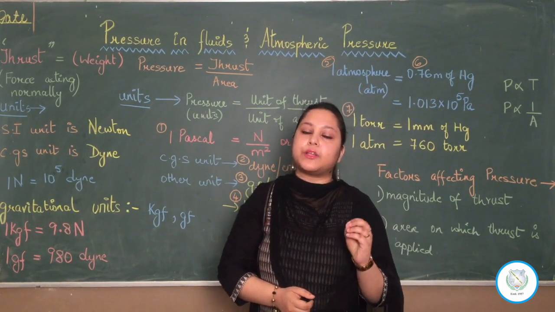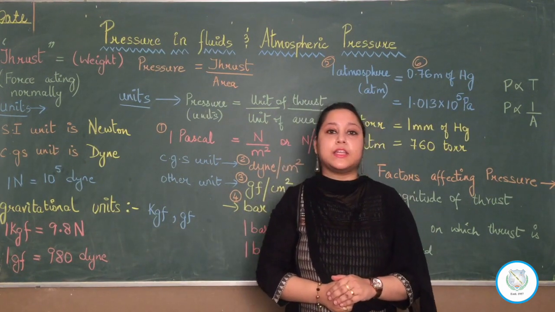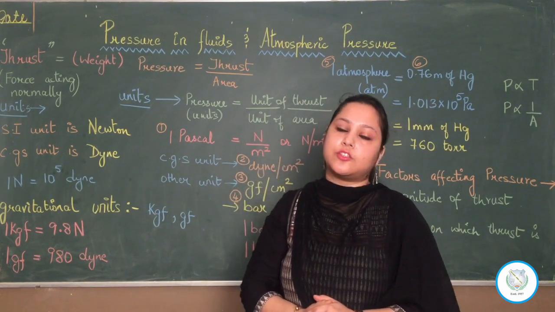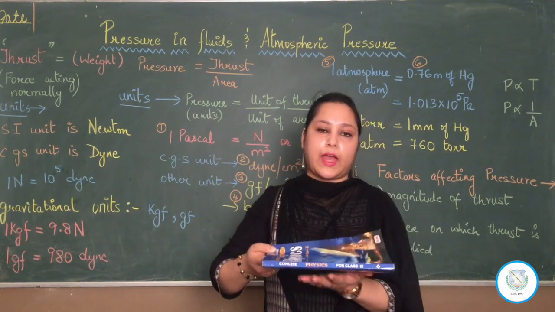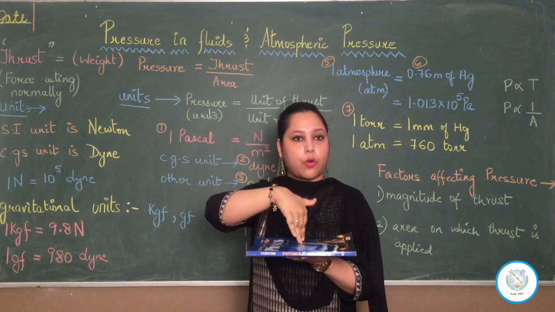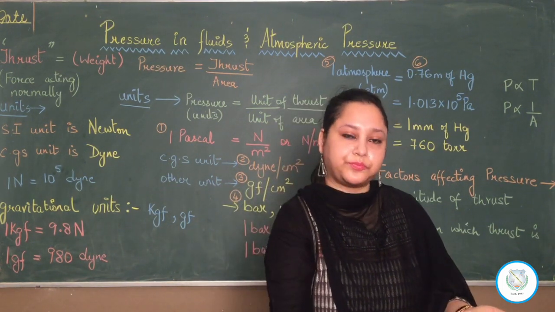Let's talk about a particular kind of force. That particular kind of force, when acting perpendicular to the surface or normal to the surface, is known as thrust. That is, if you take a body and you apply force on it in the perpendicular direction or normal to it, then that force is known as thrust.